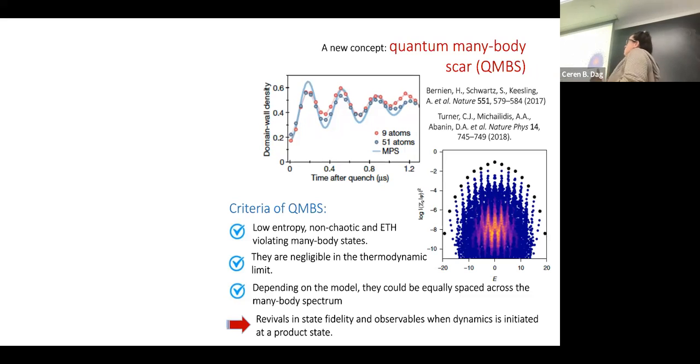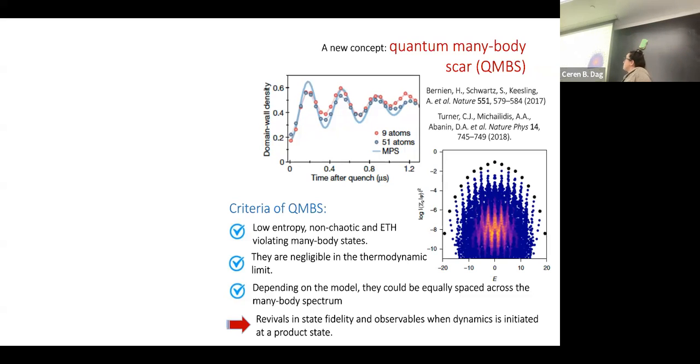One of the first experiments in these Rydberg atom arrays saw oscillations after a quantum quench. In a non-integrable system like this one, typically what we expect is thermalization, but instead there were these well-defined oscillations.